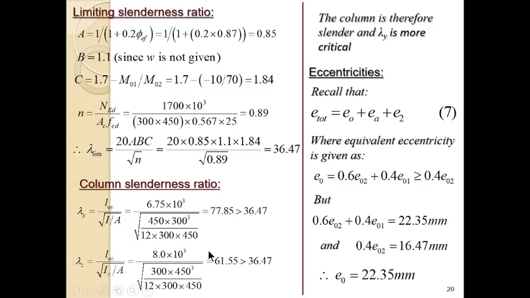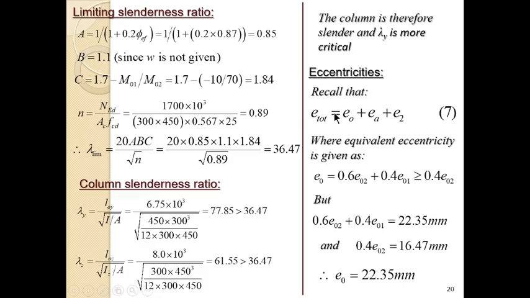So once we do that, we have our slenderness in that axis to be 61.55, which is greater than the limiting slenderness. So since the slenderness in both axes is greater than the limiting slenderness, we can say the column is therefore a slender column, and the most critical axis is the YY axis.